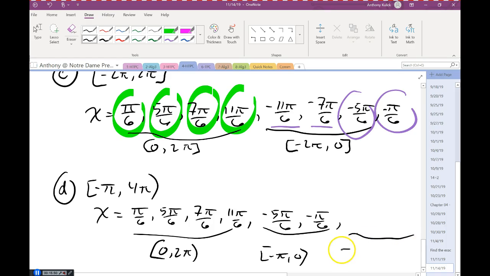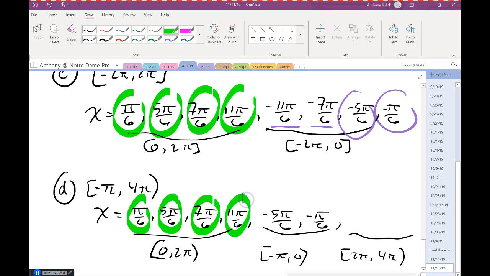And then I have to worry about the stuff from 2 pi to 4 pi. How am I going to find that? I'm just going to take my answers inside the unit circle and find an angle that's coterminal to these, that's bigger than them. Specifically, I just need to add 2 pi to each of those.